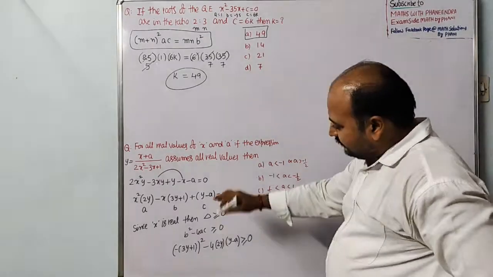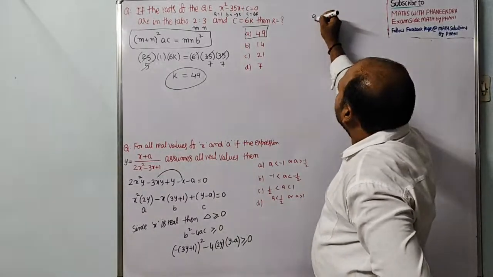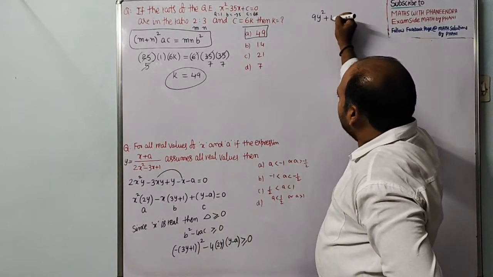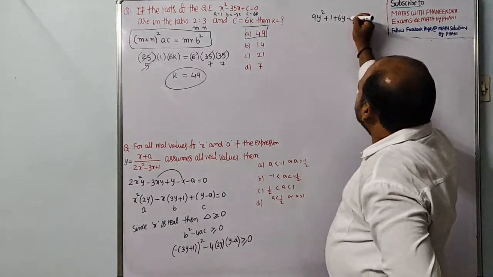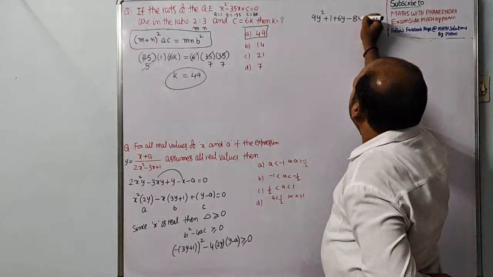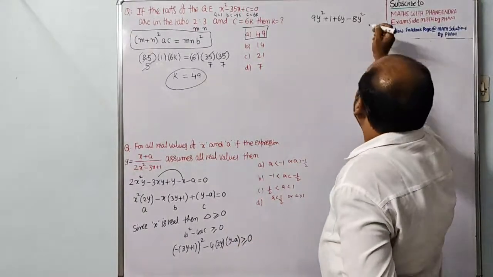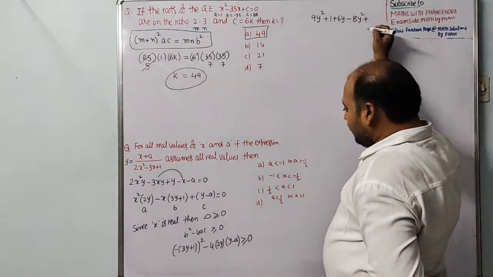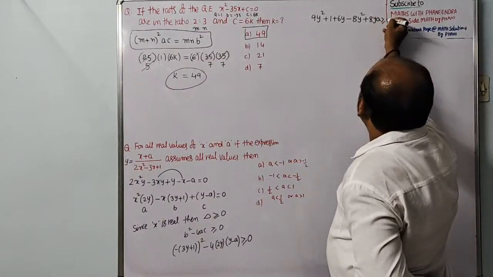So minus multiplied by minus means it will become (3y plus 1) whole square: 9y square plus 1 plus 6y, minus 8y square, minus 8y into a plus 8ya is greater than or equal to 0.